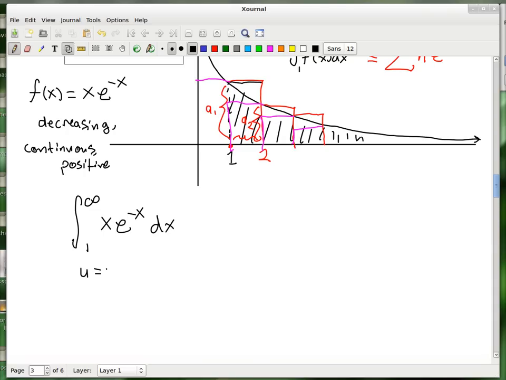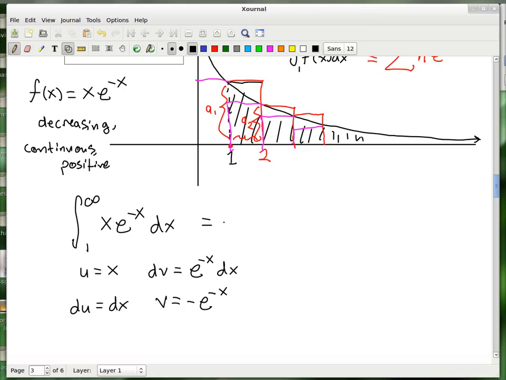So make u the thing that gets simpler when you take the derivative, and make dv the other thing, dx. Okay, so now I have to do this antiderivative in my head. I should know that it's this. And this I have to do the derivative. So du is equal to dx.